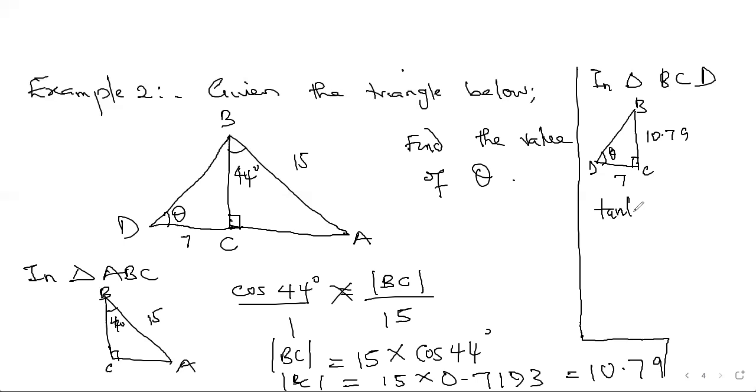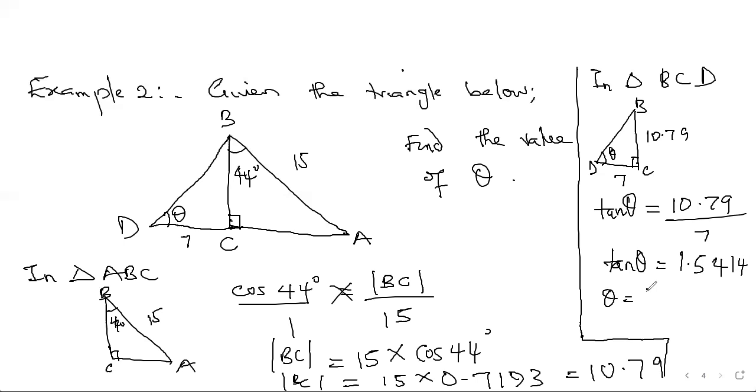So tan of the angle will be equal to opposite 10.79 divided by adjacent 7. So tan theta will be 10.79 divided by 7, and that gives you 1.5414.